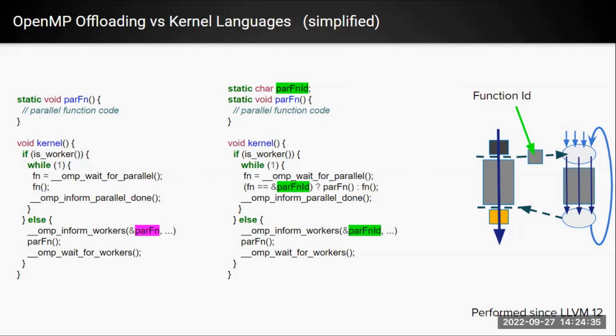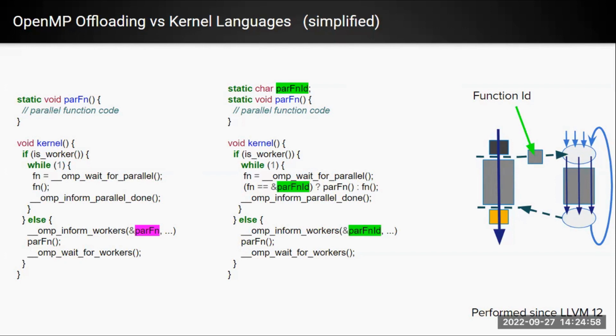Now, this is not always possible because I can always create one of those addresses for each parallel region and pass it to the workers, but the workers now have to do the reverse from the ID to the parallel function. And if I don't know all the parallel functions in advance, how do I do the reverse?